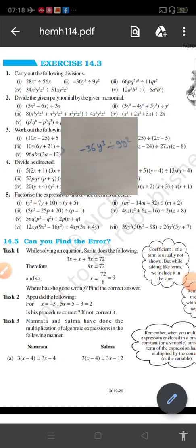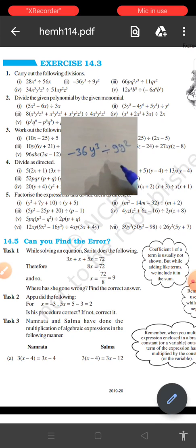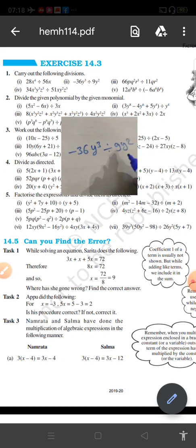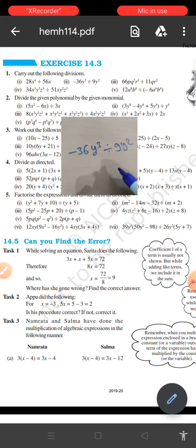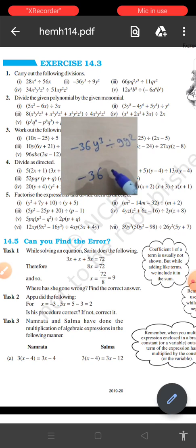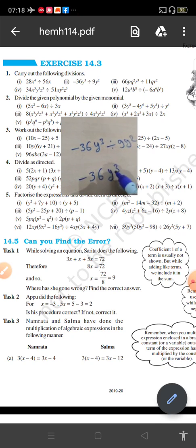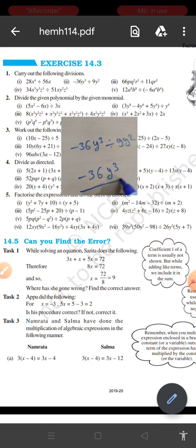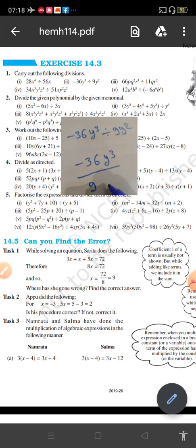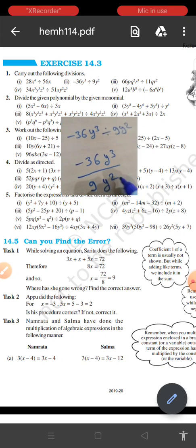You can see here, this is the second part of question number 1: minus 36y cube divided by 9y square. So first we write it in this form: minus 36y power 3, after this divided by 9y square.